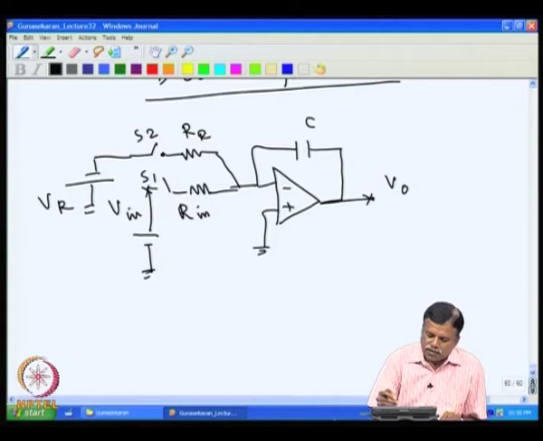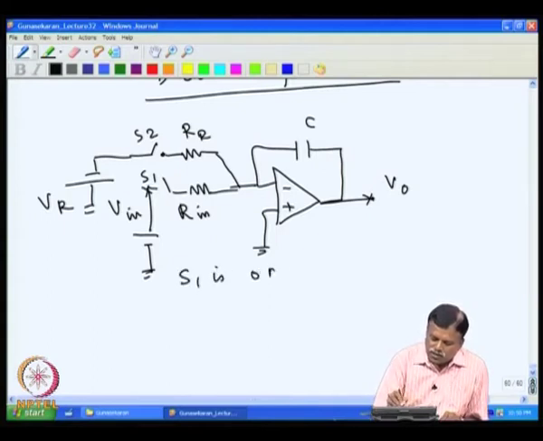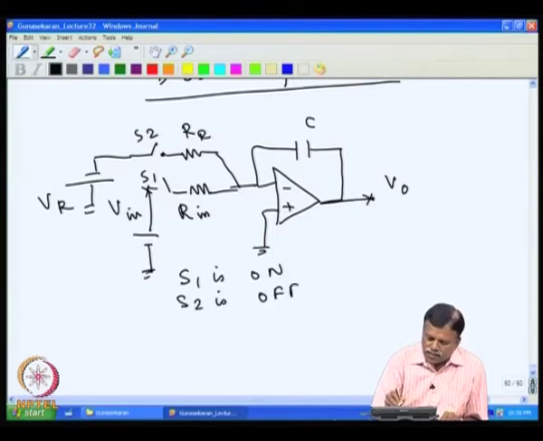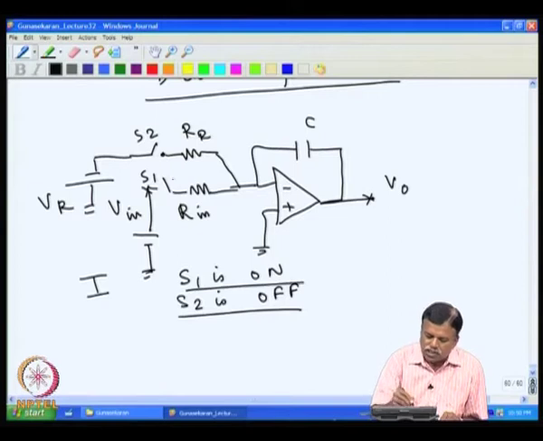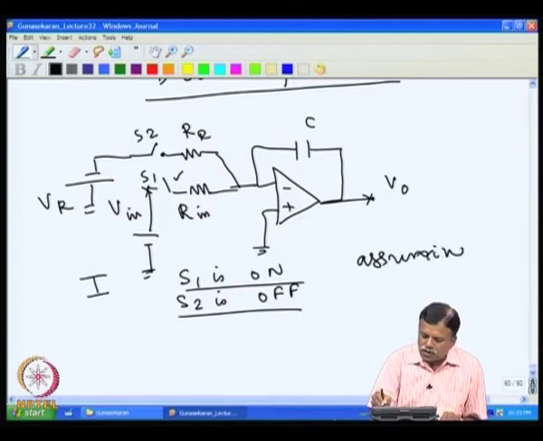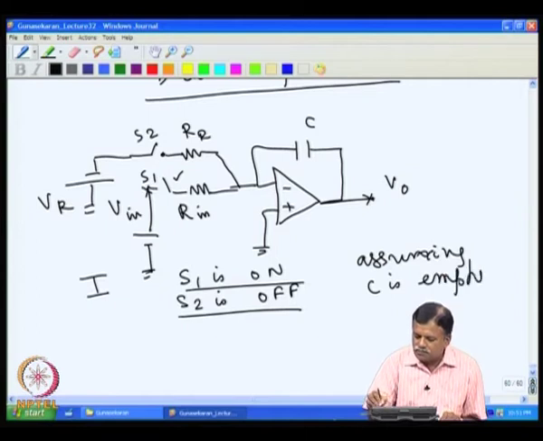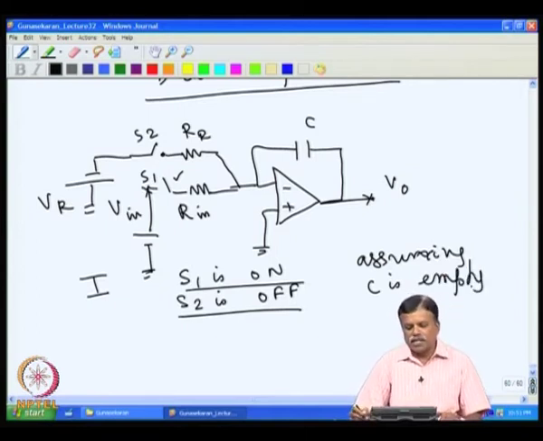The first condition is that S1 is on and S2 is off, assuming C is empty. We will take up this consideration, that is S1 is on.